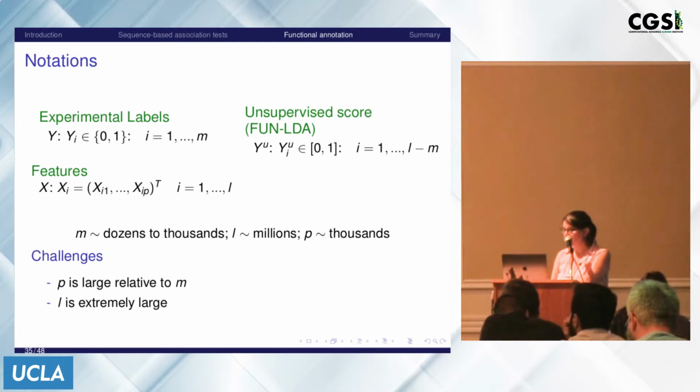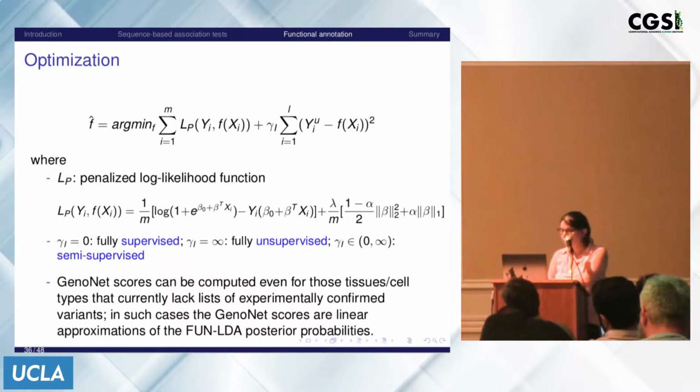M, the number of labeled variants, is small. In fact, for many cell types, we don't have any labeled variants. L can be very large, the total number of variants, and then we have thousands of features. What we're interested in is estimating this prediction function by solving this optimization problem.